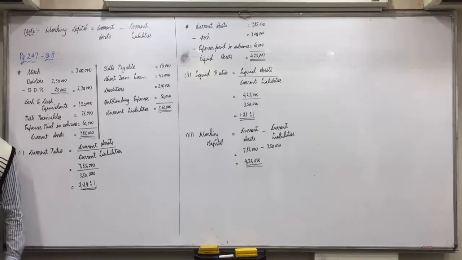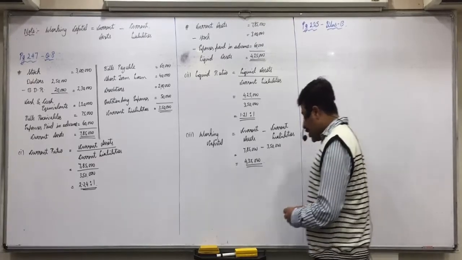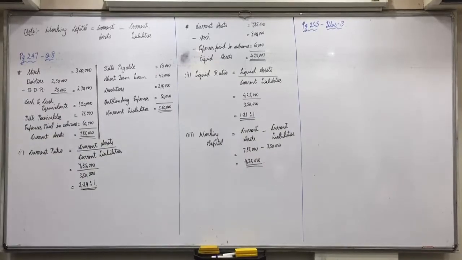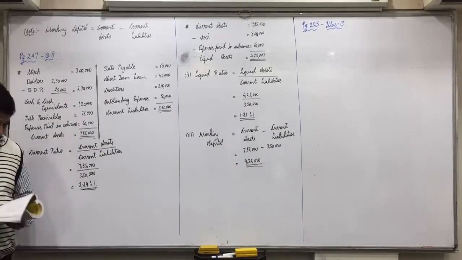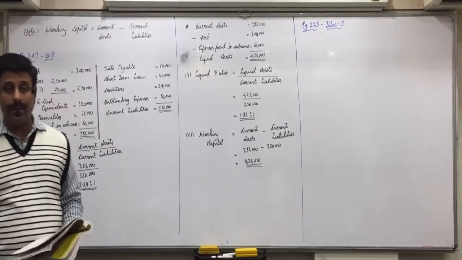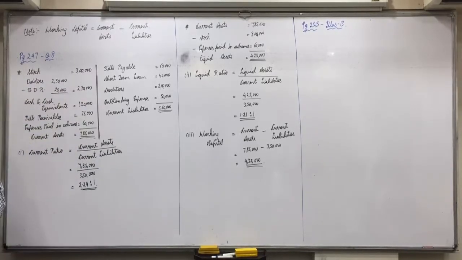Is everyone clear with this? Now one illustration I'll take up in the class. Illustration 13 on page 225. Look at illustration 13 on page 225, everyone. From the following information of M Limited, calculate current ratio.